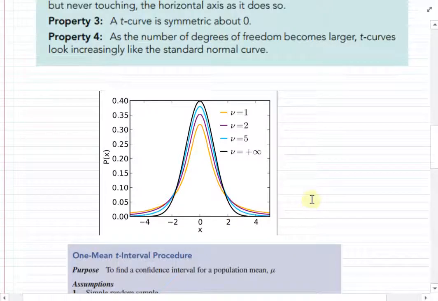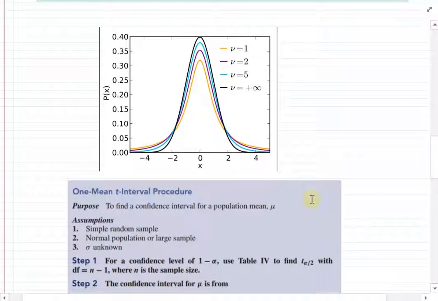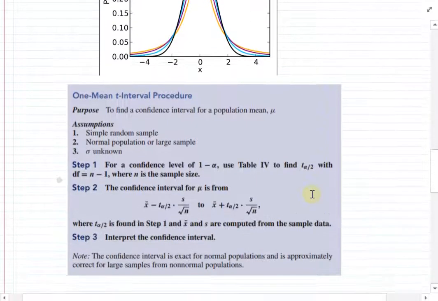Okay, now what we want to do again in this segment is a hypothesis test and a confidence interval for the population mean. The procedure is known as the one mean t interval procedure. This is the confidence interval for mu. And these are the basic assumptions: we have a simple random sample.